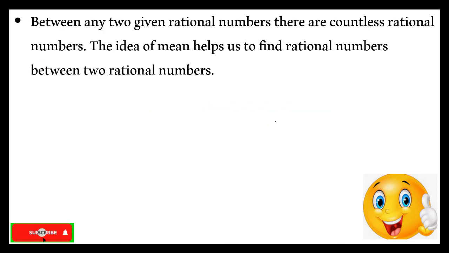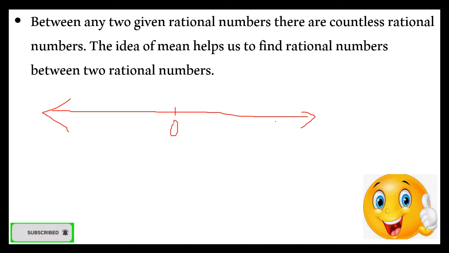Now next we have: between any two given rational numbers, there are countless rational numbers. The idea of mean helps us to find rational numbers between two rational numbers. So on a number line, in this case we have 0, 1 unit, 2 unit, 3 unit of any equal fixed length, then minus 1, minus 2, minus 3.